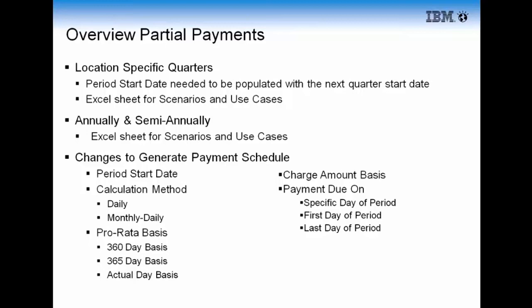For location-specific, semi and annual, we both added a new pro rata basis for actual day basis. They used to only have 360 and 365. And then charge-based amounts is the same, and payment due on, you can set it as a specific day or first day or last day of the period.